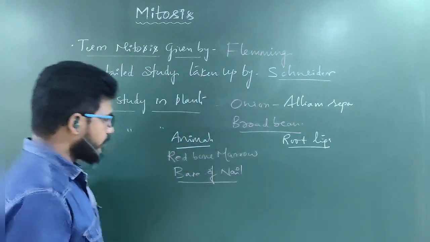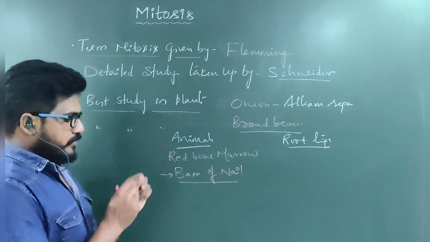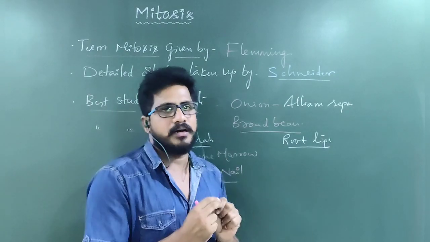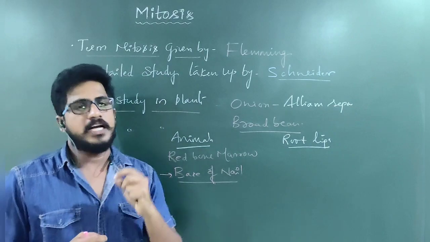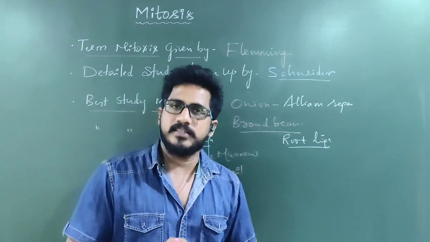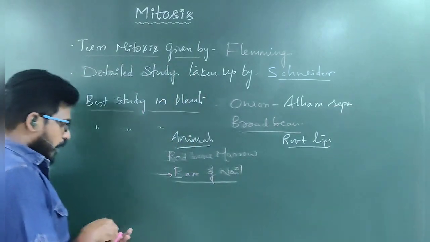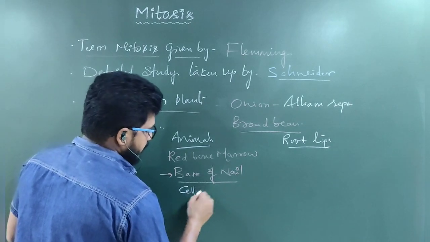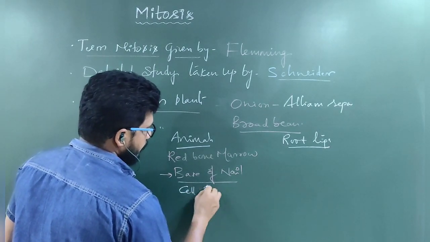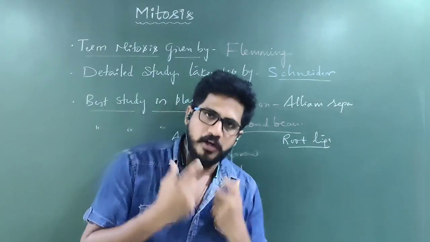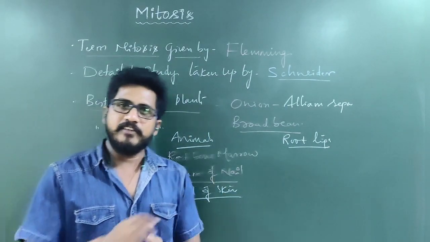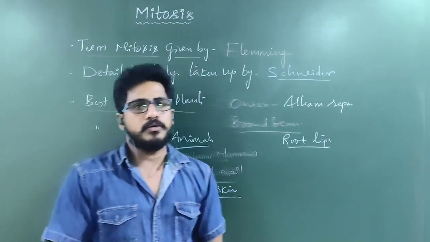Clear? And why the base of the nail? The base of the nail is the growing part. Always it is in division. That's why the hair tip as well as the base of the nail are always in division. And also cells of the skin. Every day when we wash our face, when we bathe, when we rub, so many dead cells come out.